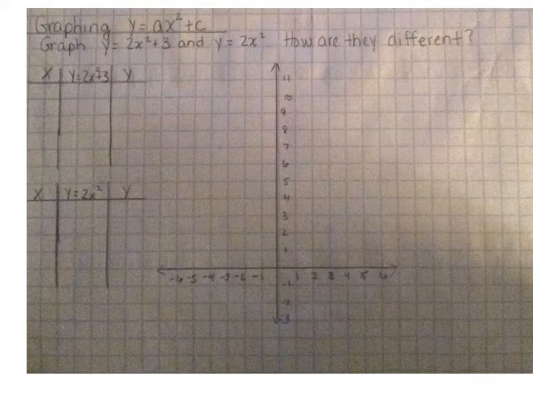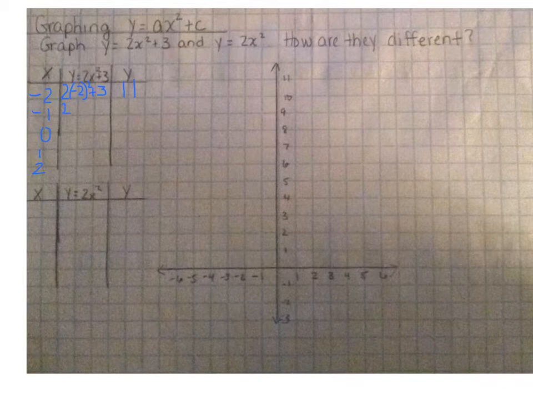So let's start with y equals 2x squared plus 3. For our x values, I'm going to choose negative 2, negative 1, 0, 1, and 2. So we substitute negative 2 in for x. So we have 2 times negative 2 squared plus 3, and that gives us 11.